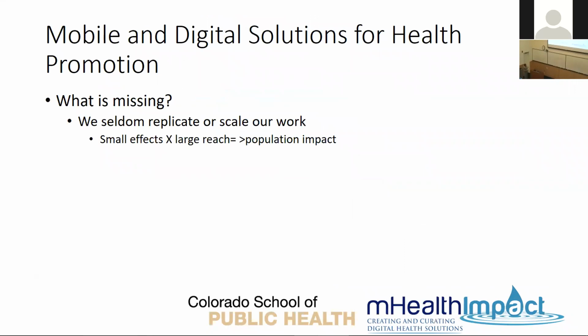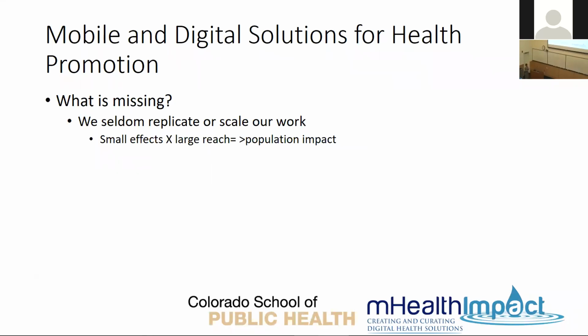And then finally, I wanted to touch on this idea of replication and scale. So I come back to this idea that mobile health interventions may never have the level of effects that in-person intensive interventions might have. So if you have 10 people and you've got an intensive intervention and it might have an effect size of 0.3, for example, great for behavioral scientists.